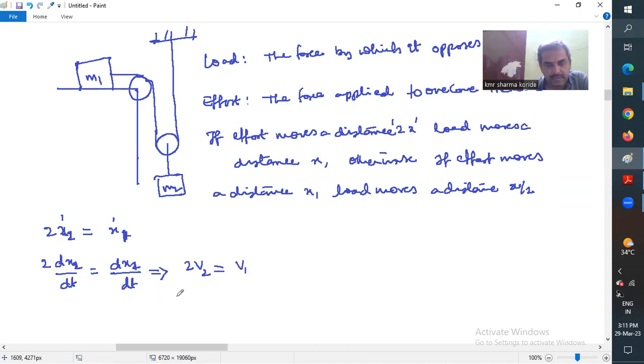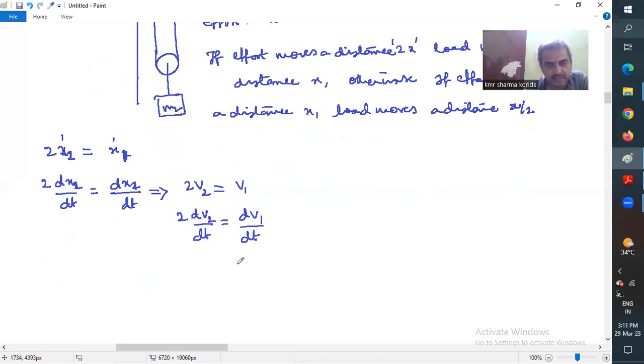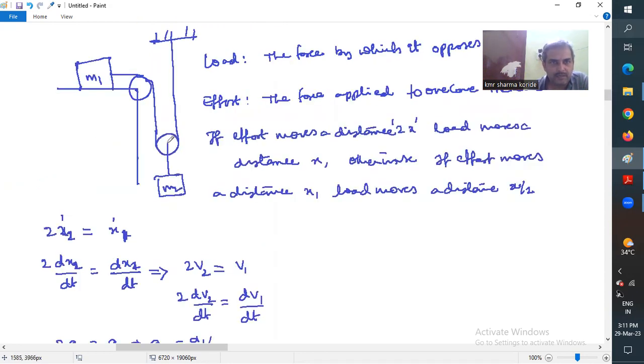To get the acceleration, differentiate again: 2 dv2 by dt is equal to dv1 by dt. The differentiation of velocity is acceleration, so you'll get 2a2 is equal to a1. Therefore a2 is equal to a1 by 2. If there is one movable pulley, the second pulley is movable here, so a2 is equal to a1 by 2.